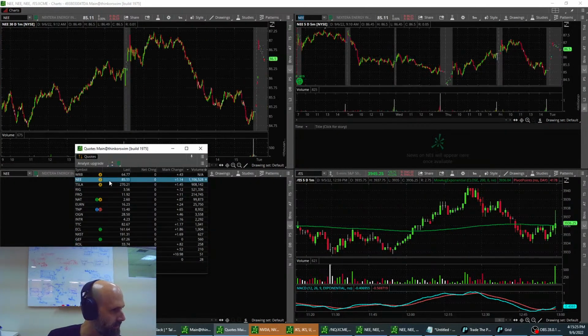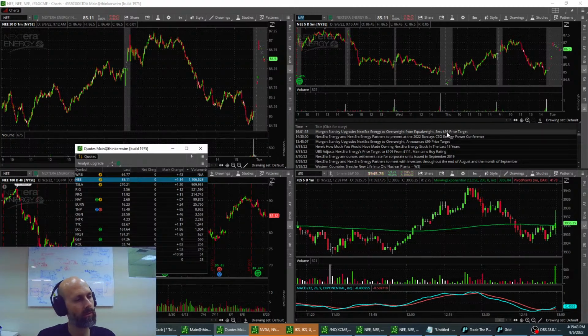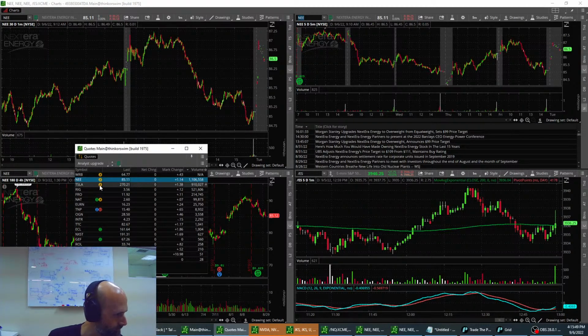In this case, I see a nice volume coming in on NEE, and it pops up a dollar on an upgrade by Morgan Stanley with a target all the way to 99. This could be a potential stock to follow as well.